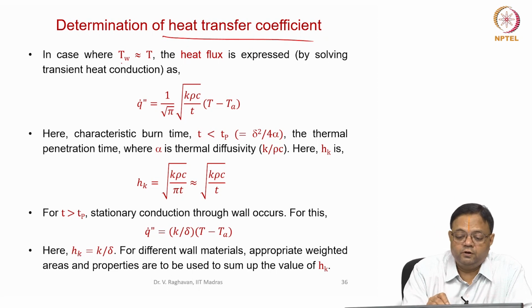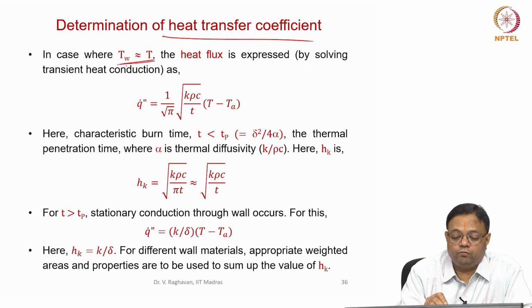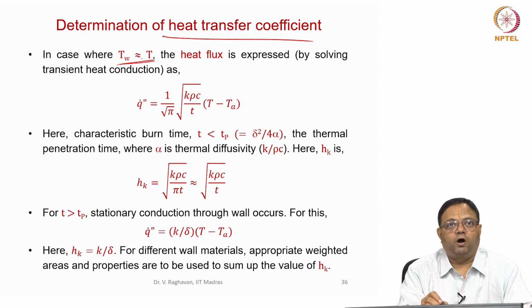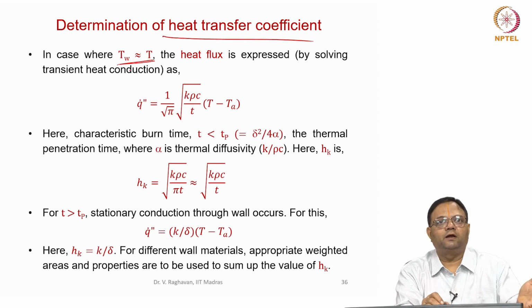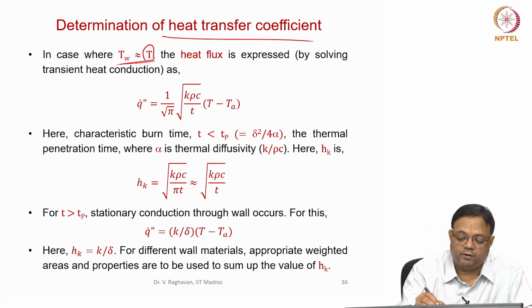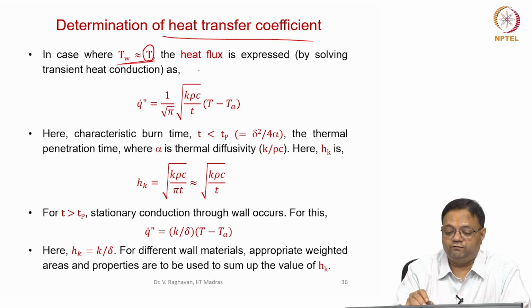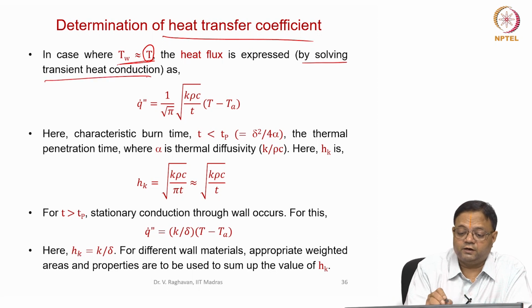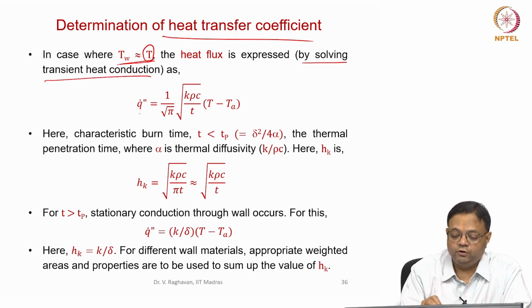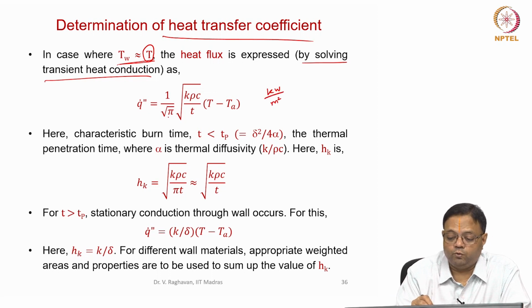First one is if the wall is of, say, metal or anything, and the wall temperature tends to the gas temperature, or the internal temperature of the compartment T, then the heat flux is expressed by solving a transient heat conduction equation as Q dot double dash, heat flux, that is kilowatt per meter square, is 1 by root pi.